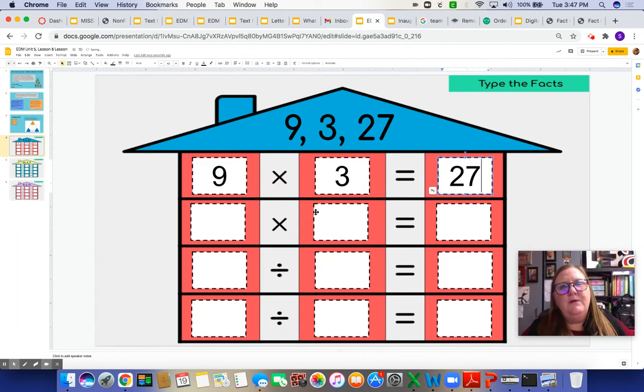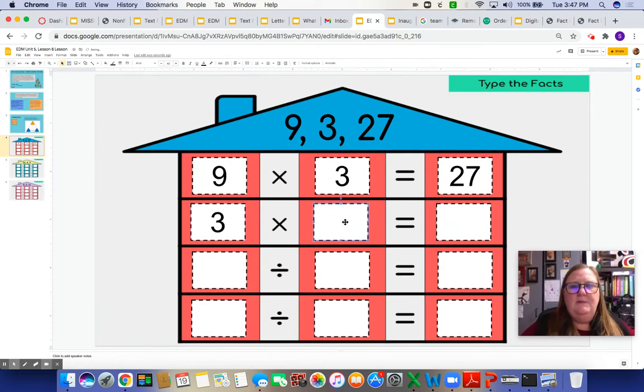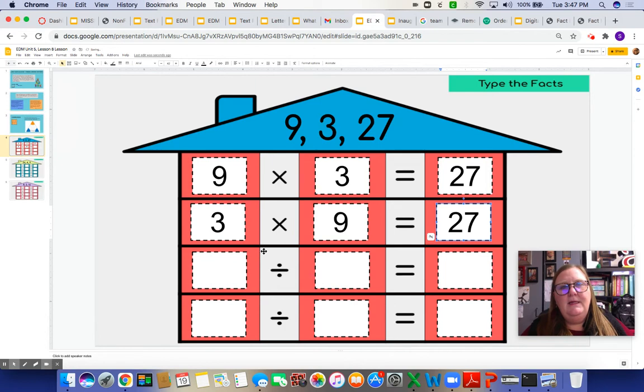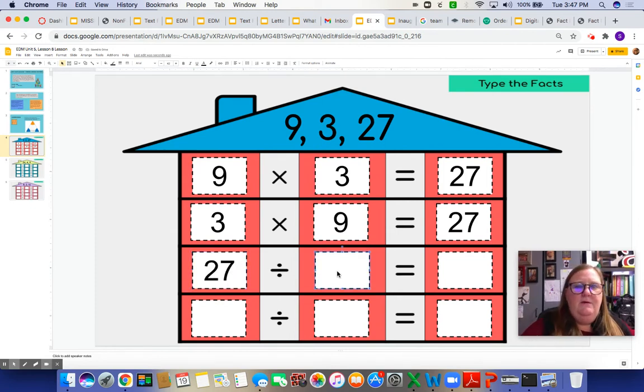Then we're simply going to flip the 9 and the 3, and we're going to say 3 times 9 equals 27. Now we're going to do our division problems. Our biggest number needs to come first when we're dividing, because we're going to tell how many we have all together. So 27 divided by 3 equals, hopefully you're thinking 9.